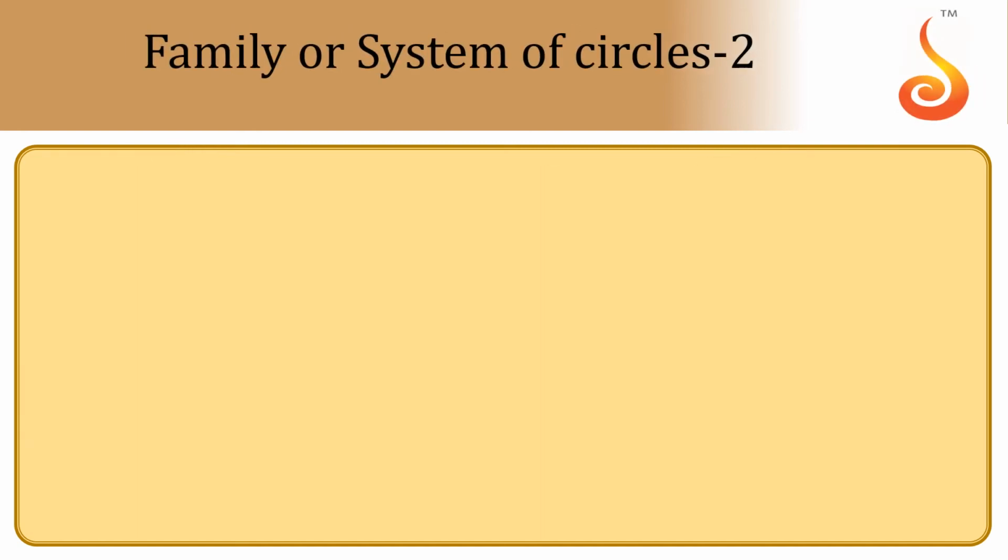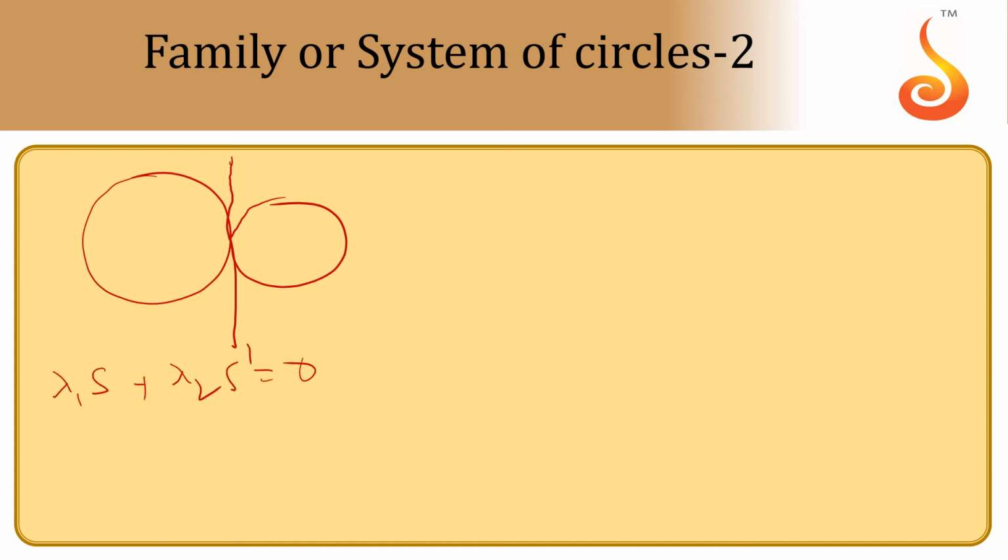Now suppose the two circles are touching each other. Everything is the same. You can generate lambda 1 S plus lambda 2 S dash, or S plus lambda S dash equal to 0, and for different values of lambda, you will get all the touching circles.